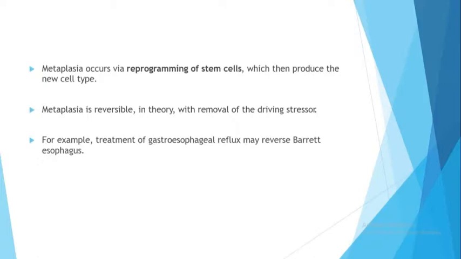And metaplasia, like every other cellular adaptation mechanism, is reversible with removal of the driving stressor. For example, treatment of the gastroesophageal reflux by antacids may reverse Barrett esophagus, and the cells can go back to normal.